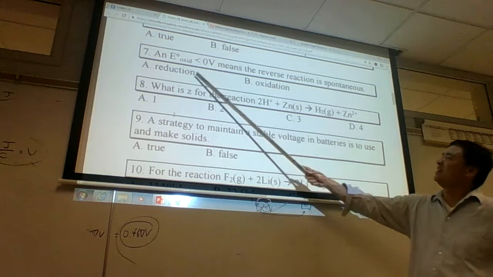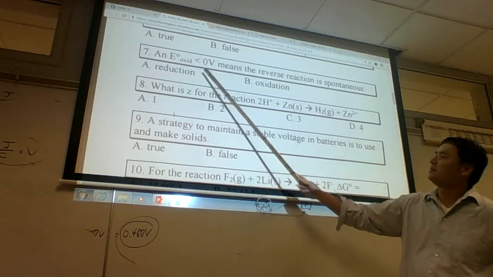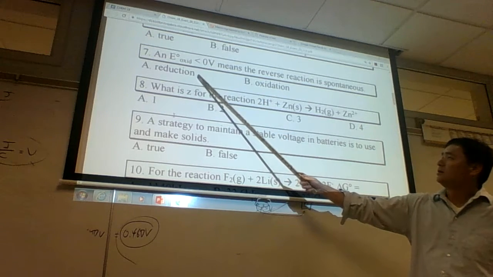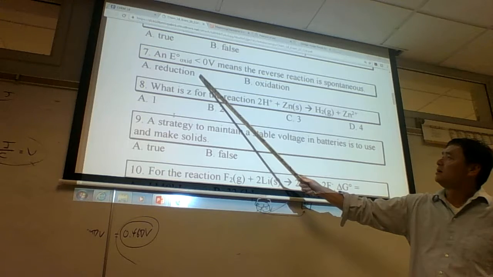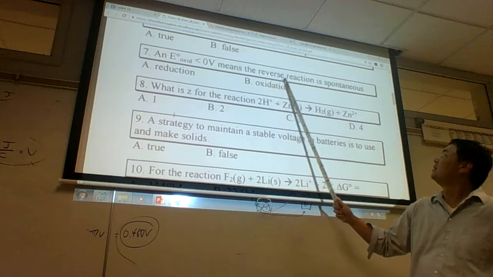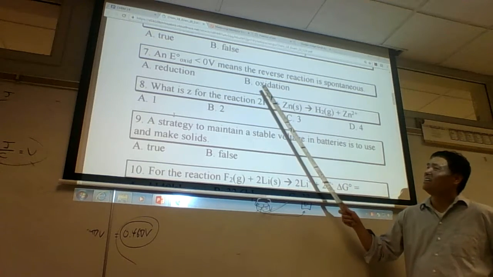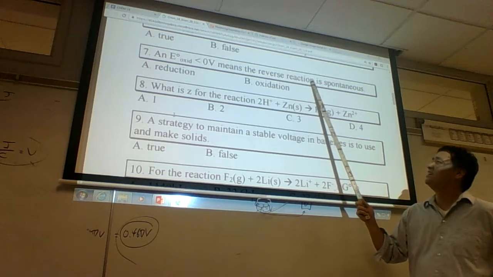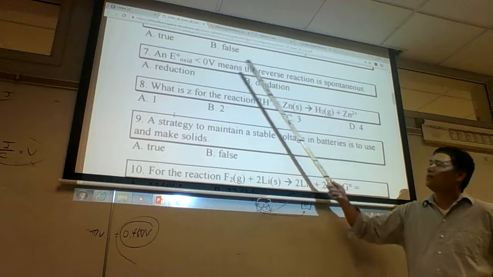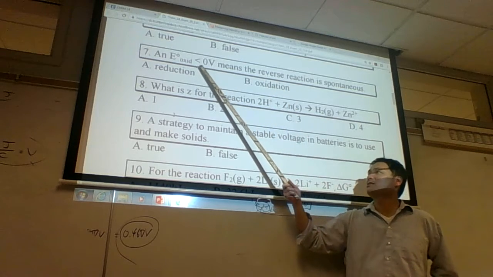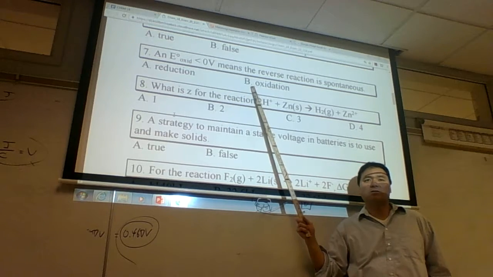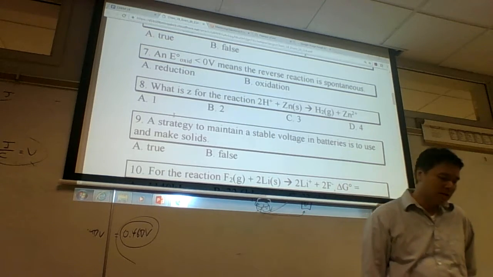This was supposed to be true or false, sorry. Is it true or false? Reverse reaction is spontaneous. So if we have an oxidation potential less than 0, does that mean the reverse reaction is spontaneous? No. And so this is false.